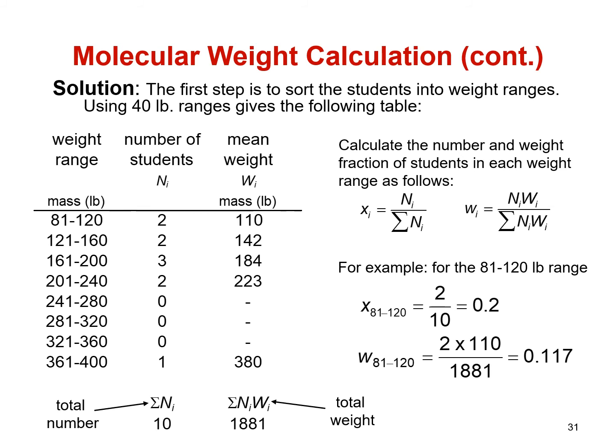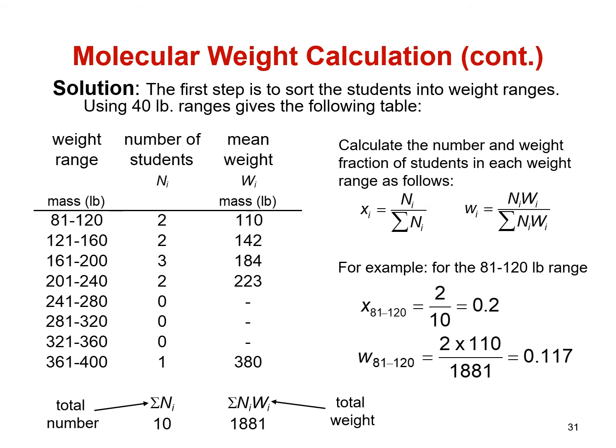So now, because it is already calculated and tabulated in the table, we can calculate the summation of ni, which is the number of students, that is 10, and the total of this number of students times the mean weight, which is summation of ni wi, and this equals a total of 1881.